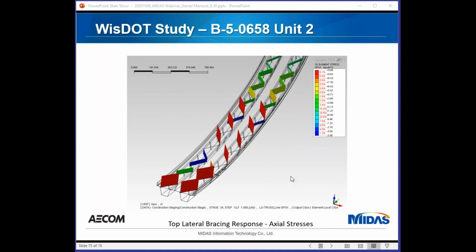In this case, you can see that there are some lines around the area of the fracture that don't have any values. They're basically just black lines. That means that those ones failed in compression or in tension, and they were not available to resist any more force.